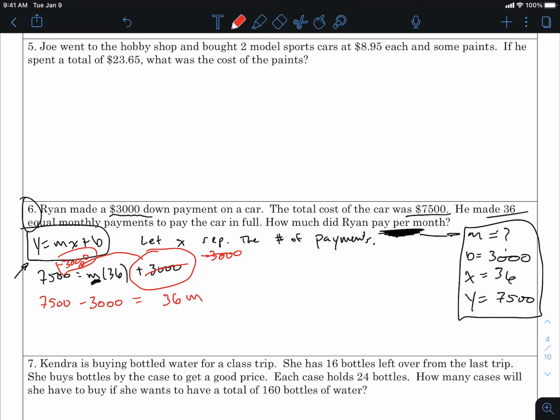Okay, so you're going to get 4,500 is equal to 36M. Now all you're trying to do is figure out how much did Ryan pay per month. We said that was M, so you're trying to find what M is.